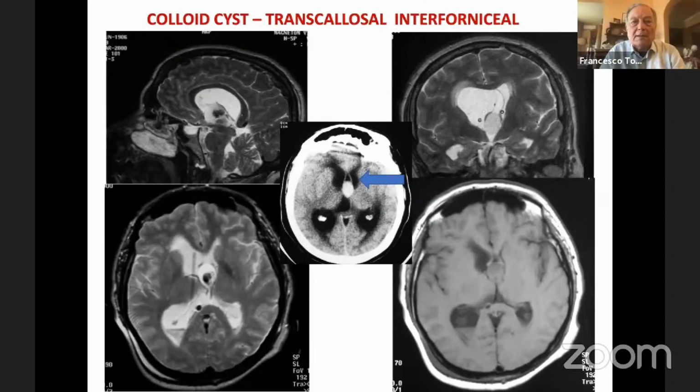This is a colloid cyst and transcallosal interfornicial approach. This was possible also because there was a cyst of the septum pellucidum, as shown here.